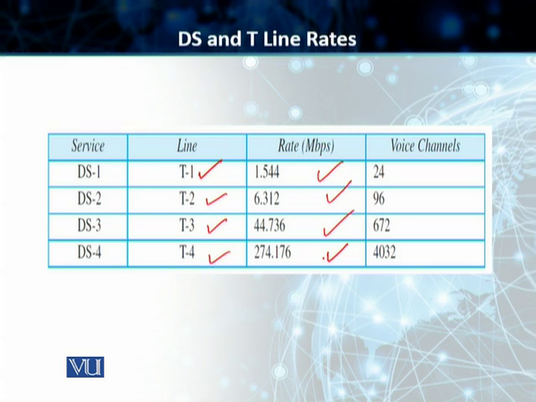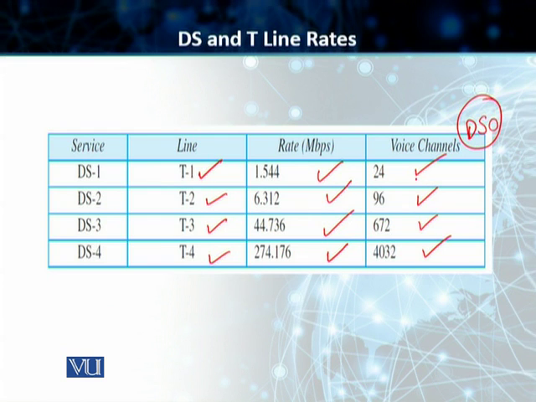And each one of them can carry a certain number of channels that you see in the last column. For example, if you've got 24 or less voice channels that you want to carry, then you can lease a T1 line from your telephone company, and that will be enough for you to carry that many voice channels. Students, note that each voice channel is essentially our DS0 service.